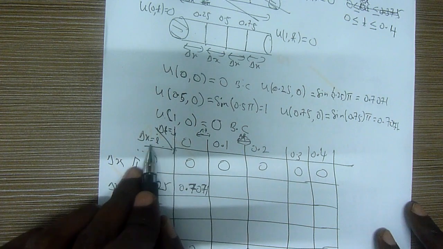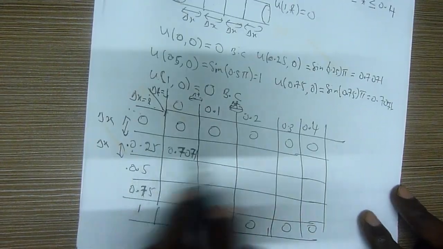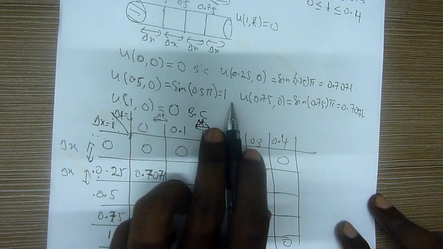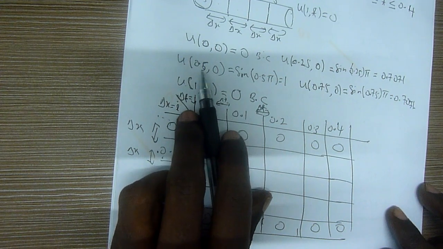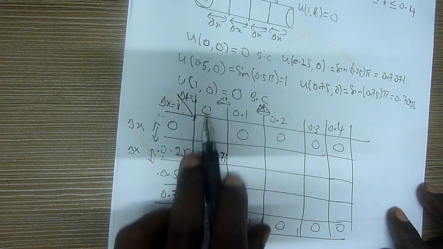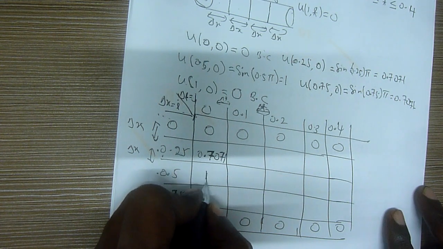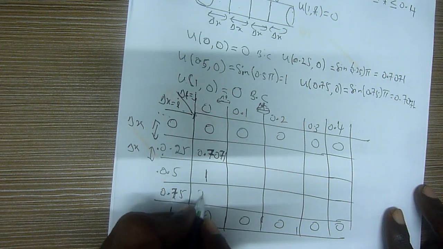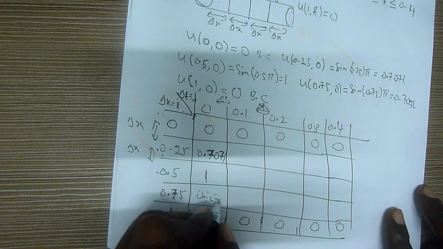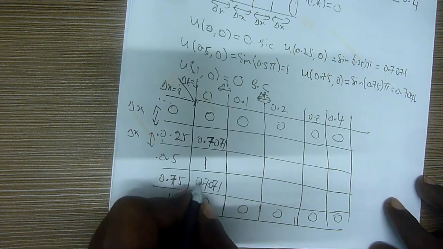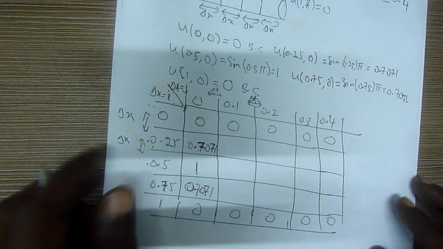The logic is the same. Now you see 0.5, we have done the boundary portion also here, 1. Therefore, in this case, 0.5, 0, the answer is 1, 1, and this will be 0.707, 0.7071. Okay, can or not?